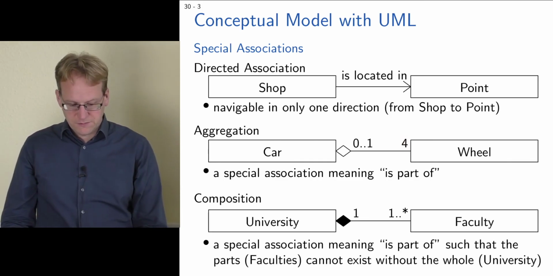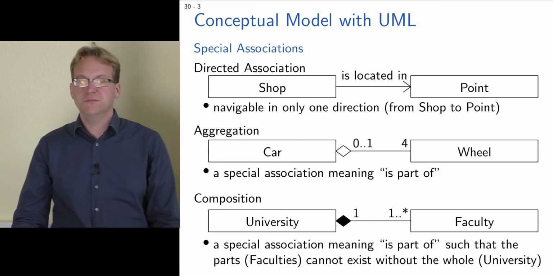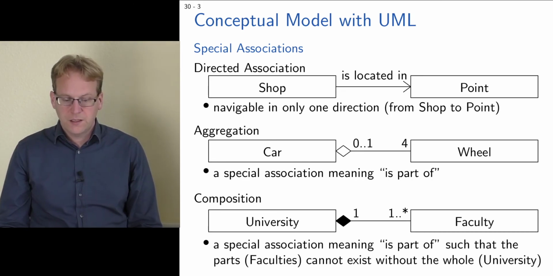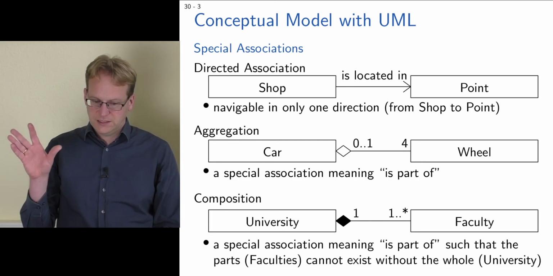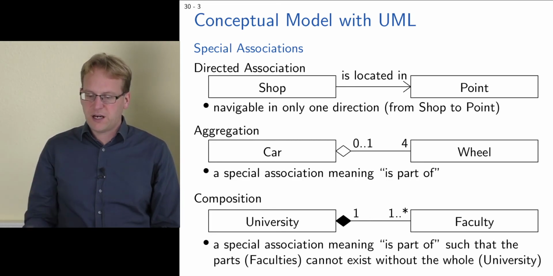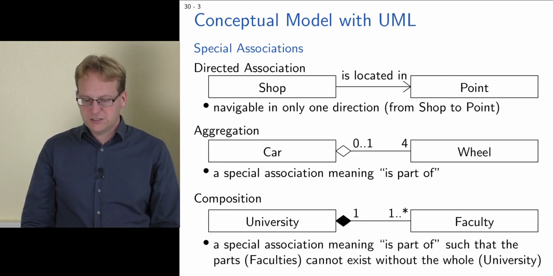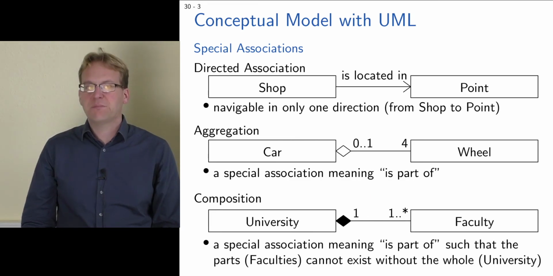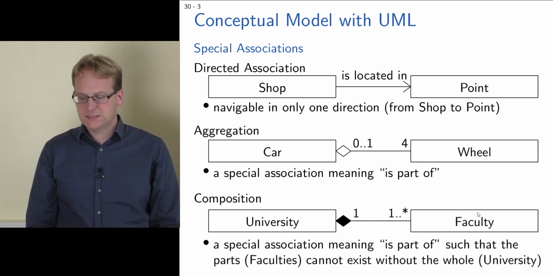Then there is furthermore this so-called composition. We have seen that aggregation means it's an is-part relationship, and the same applies to the composition. So also the composition means is part of. In the German universities, for example, we have faculties.